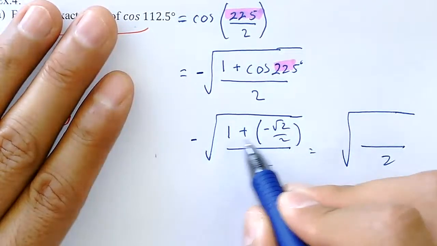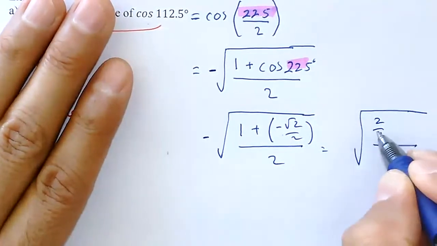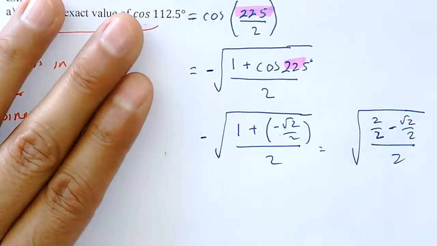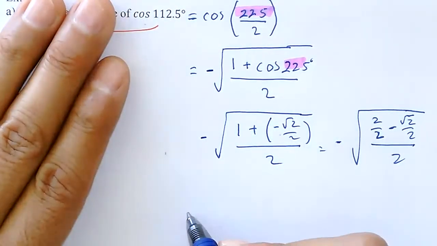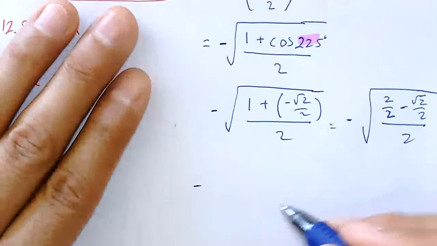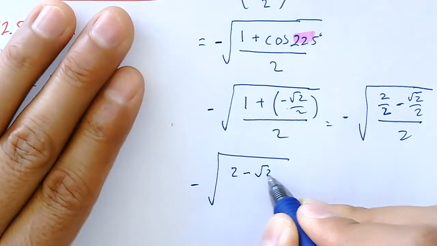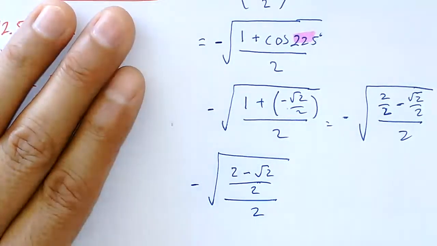So I'm going to have to add those fractions. I'm going to make the same denominator, 2 over 2 minus rad 2 over 2. So let me come over here. Then I get negative the square root of 2 minus the square root of 2 over 2, and all that is divided by 2.